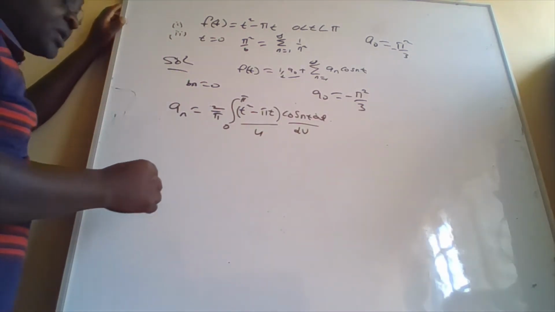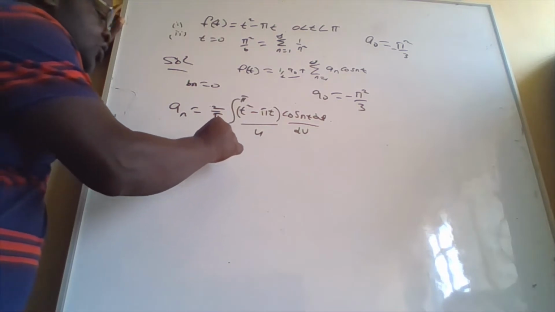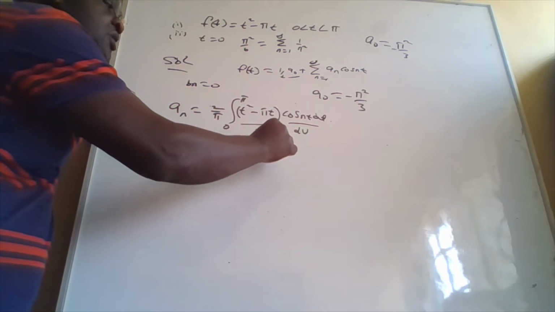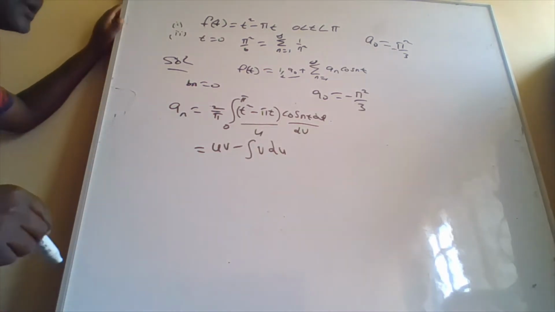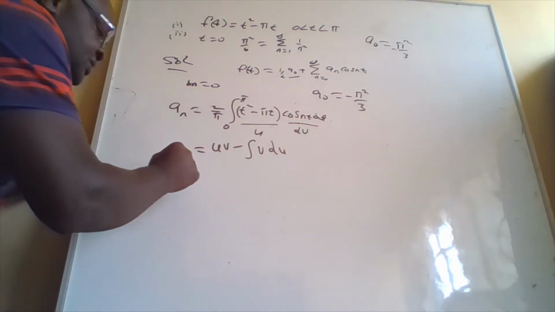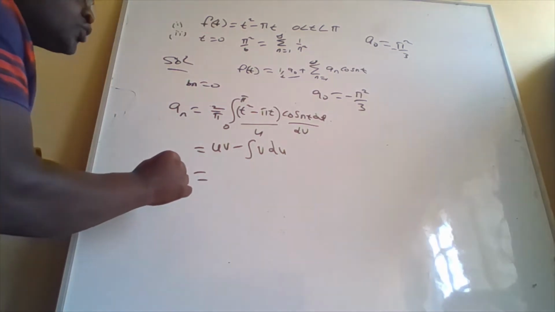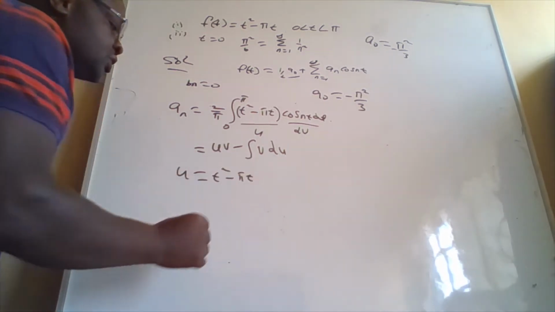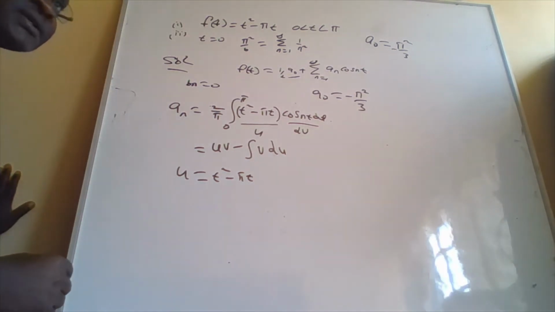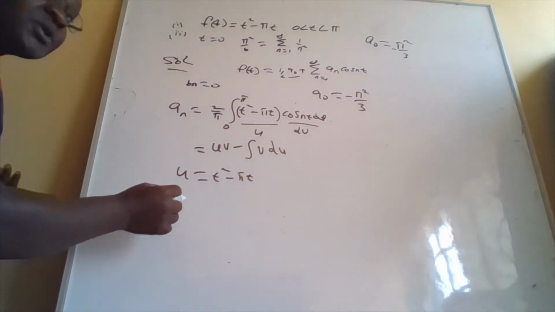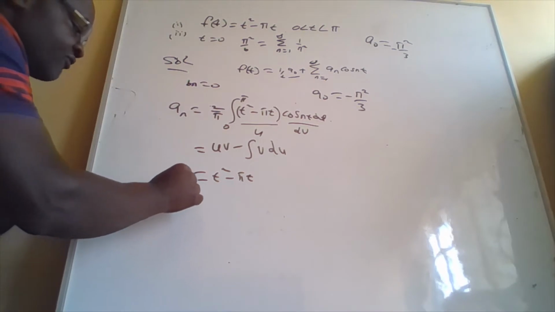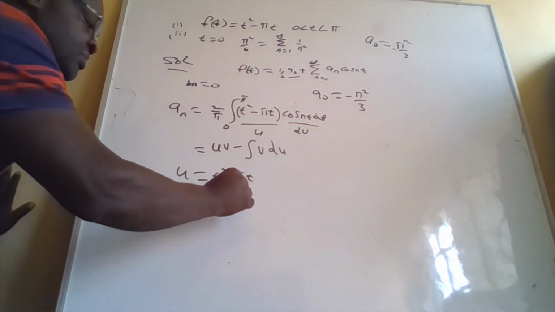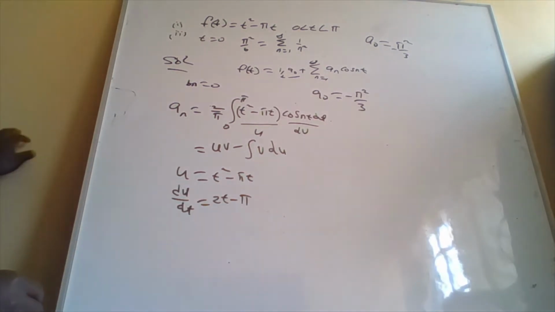The integration by parts formula is uv minus the integral of v du. We are saying that u equals t squared minus pi t. So we differentiate u with respect to t, so we have du/dt equals 2t minus pi.